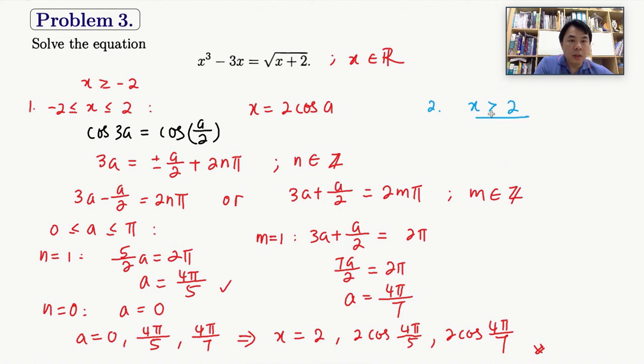Here I just summarize it. If you analyze this, it shows that there is no solution for any x that is greater than 2. Therefore, we conclude that all the solutions that satisfy these equations will be given here. So this part I leave it for you to try out.